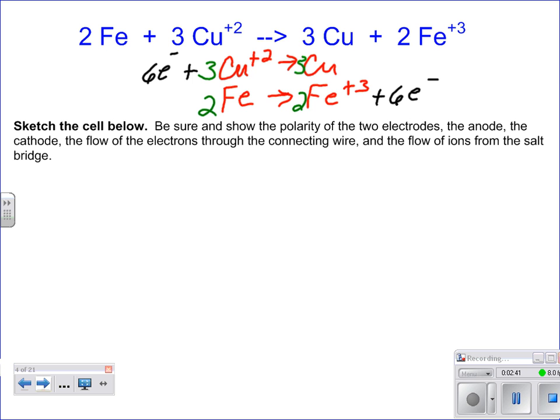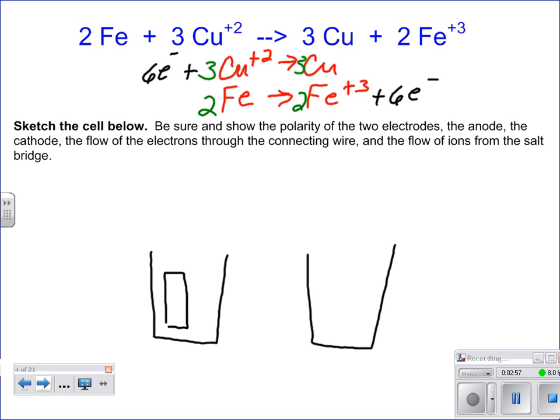When we draw a voltaic cell, we want to show that there are two half cells, and we show two containers for these half cells. So this is how we draw our voltaic cell. We're going to have electrodes in each of these cells. These are pieces of metal, and we can arbitrarily assign them.